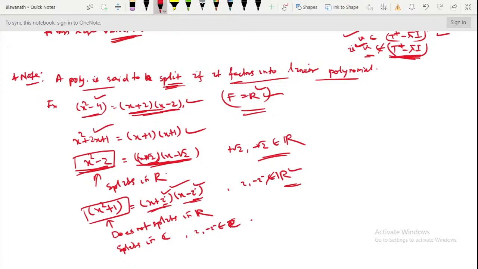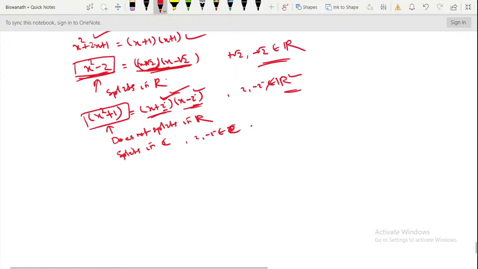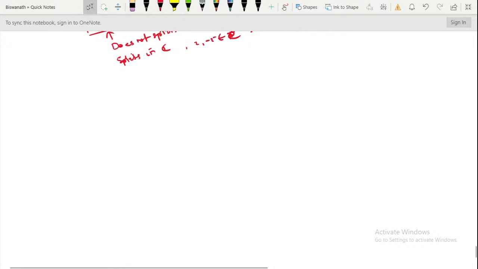If any polynomial can be written as a product of linear factors, then you can use this word split. Okay, now we'll come to the statement of Schur's theorem.